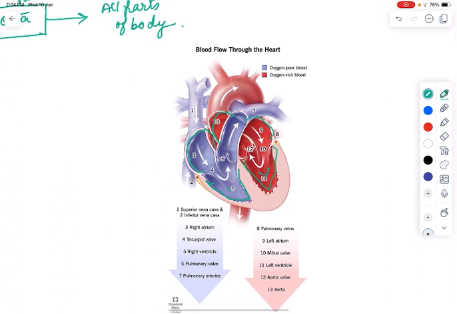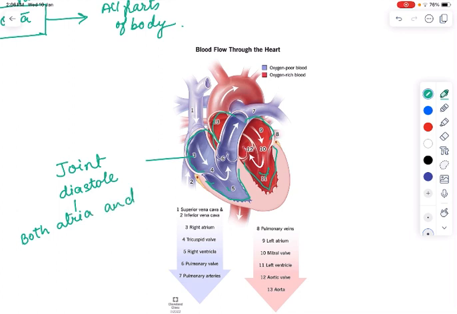Both the atria and the ventricles relax for a short period. When they are in a relaxed state, it is called joint diastole. In joint diastole, both atria and ventricles are in a relaxed state for a short period of time.